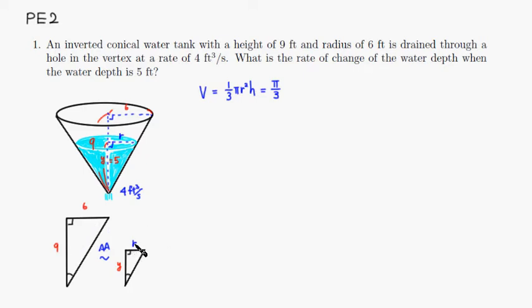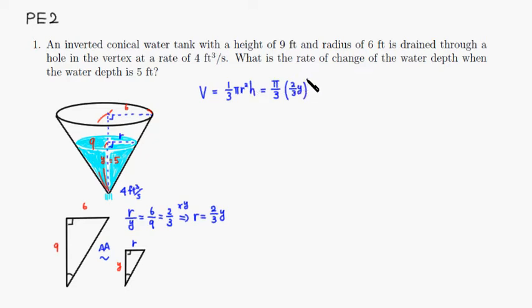So r over y is the same as 6 over 9, which is 2/3. Multiply both sides by y, and r is 2/3 y.